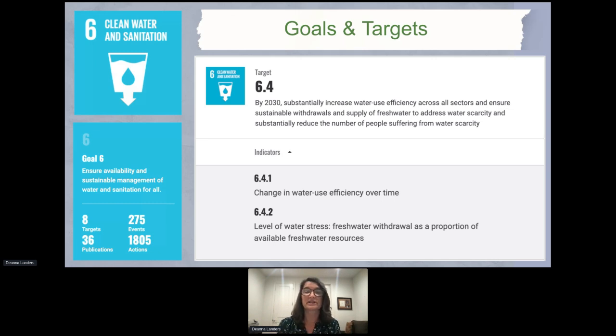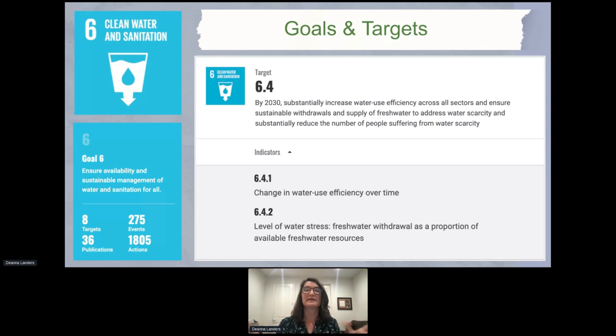When you look at this particular target, it talks about increasing water use efficiency across all sectors. Well, Project Managers Without Borders didn't increase it across all sectors, but we are definitely increasing water use efficiency in our projects.